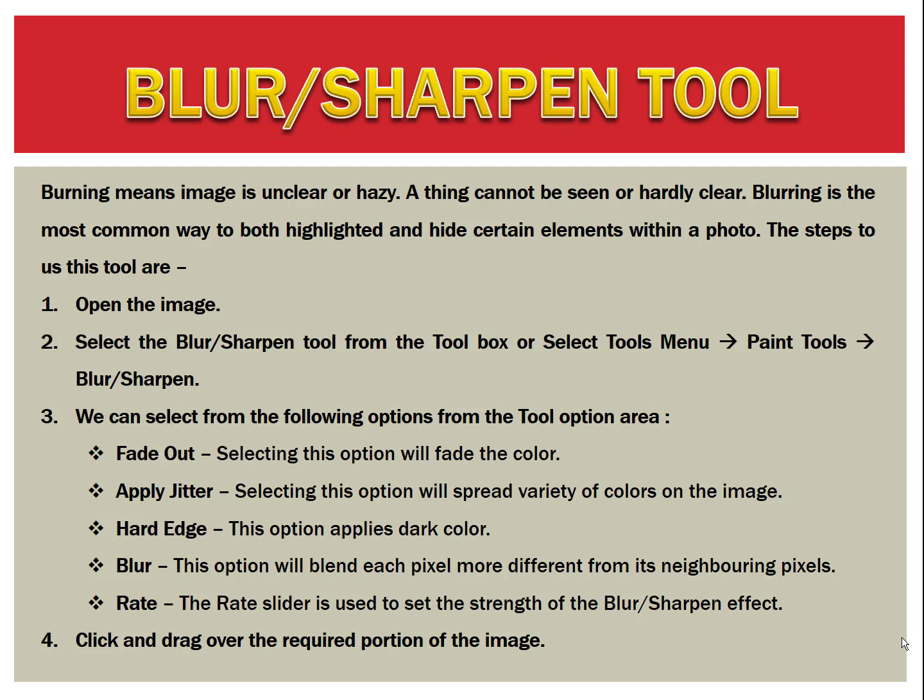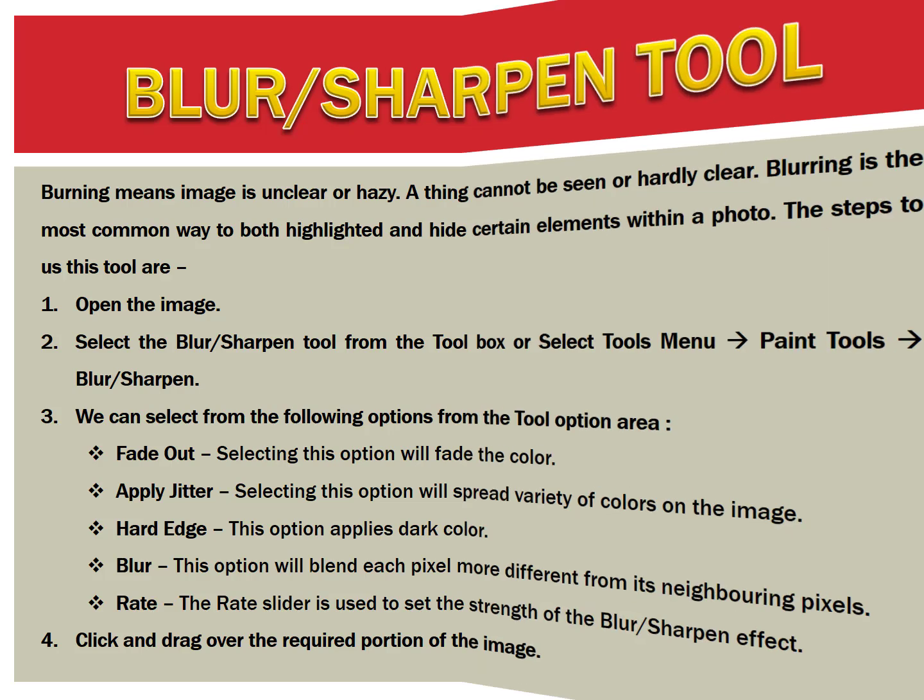This option will blend each pixel more with its neighboring pixels. Next is rate. The rate slider is used to set the strength of the blur or sharpen effect. In the last, click and drag over the required portion of the image.